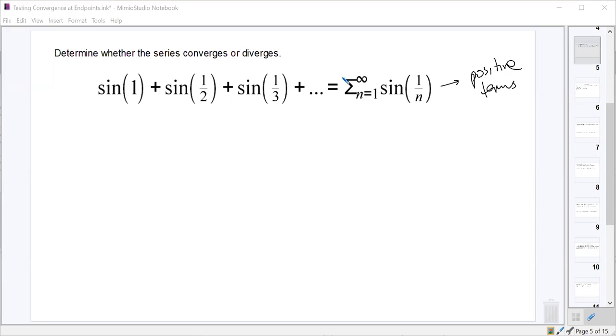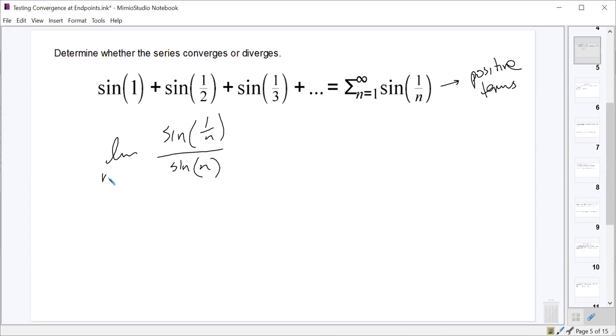Okay, so if we try to do sine of n, let's just real quickly look at that. So that's a good suggestion, Darius. Sine of n, we're going to be looking at a limit as n approaches infinity of this, which would be fine. What do we end up with here?